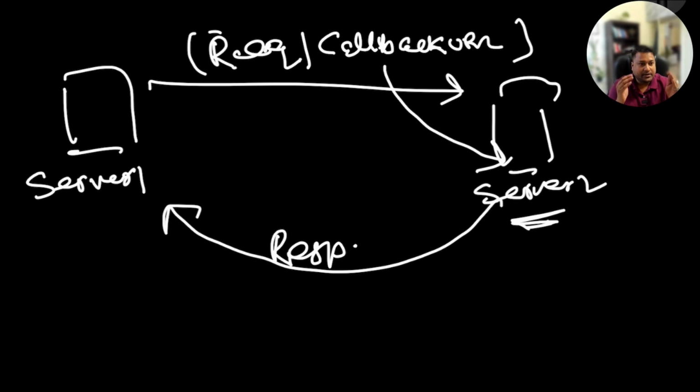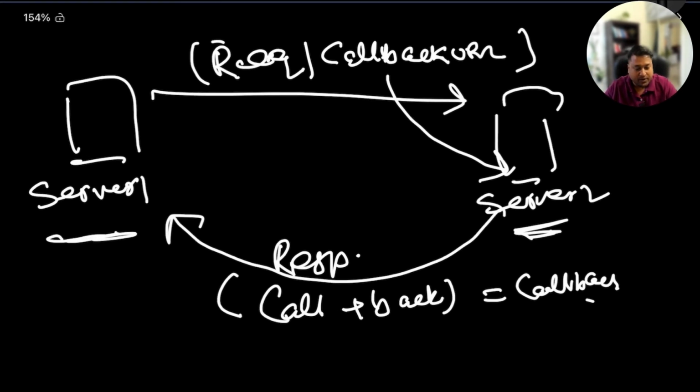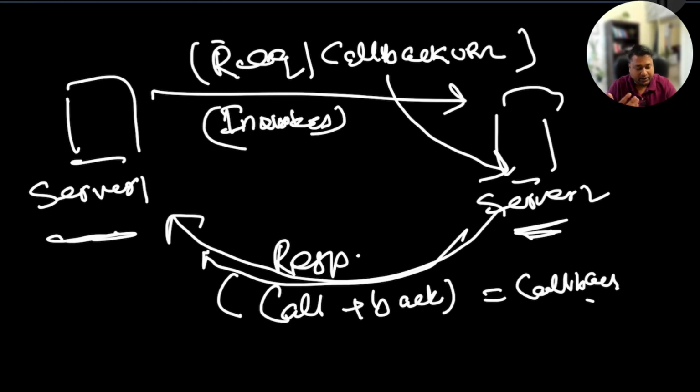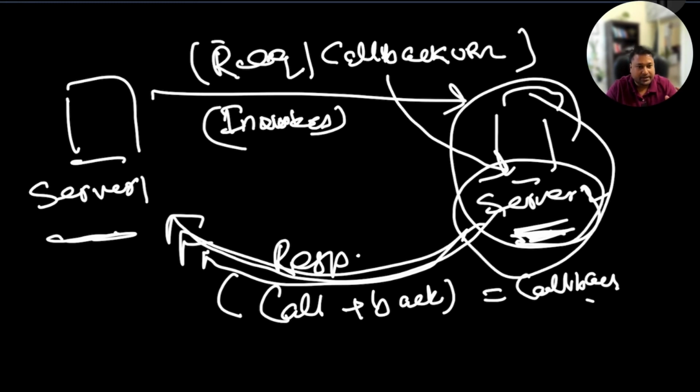Sending the response back is also known as a callback. Call plus back, right? You are making a call back when you are done processing. So service 1 did not wait until it received a response. It invoked the request, and whenever service 2 was ready, it started executing that request, and when done processing, it sends the response back.